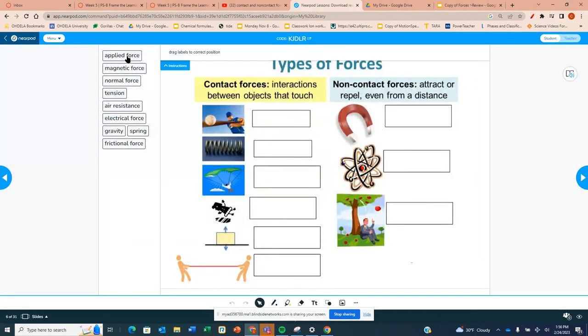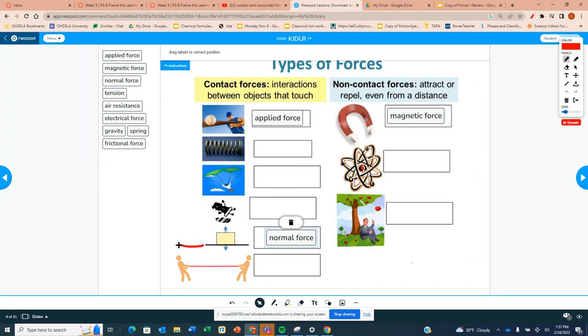All right, so let's take a look at the types of forces. We have the applied force, so a person batting a ball. We have the magnetic force or field force for the north and south. The normal force, remember that's the support force that we were talking about. It's perpendicular to the surface.